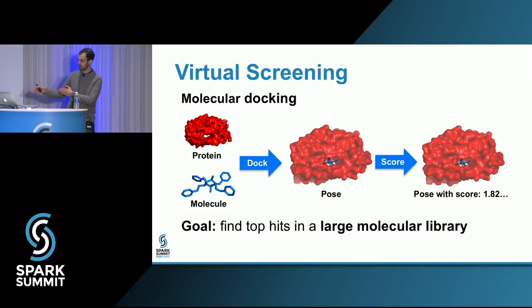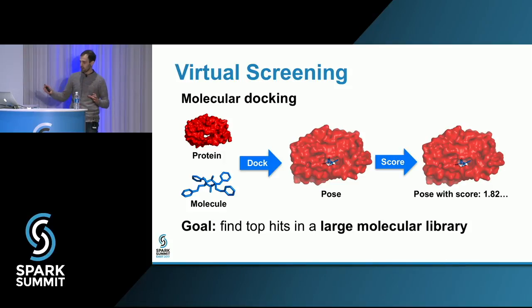And then you have a scoring phase where you annotate this pose with a score. And the score tells you how likely this interaction is actually going to happen in reality.